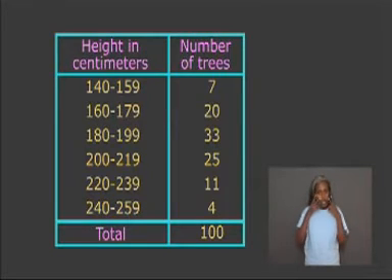By looking at this table, we can see that the majority of trees are between 180 and 199 centimeters tall. This kind of tabular representation is good at giving concise information, but it is not very interesting to look at.